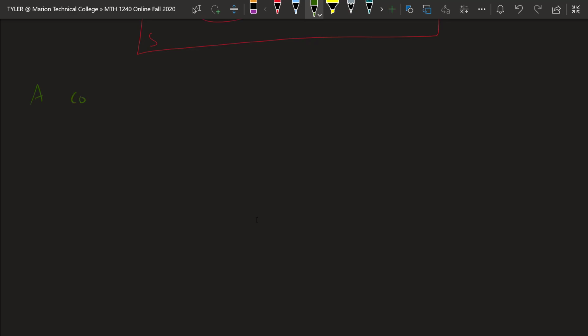A complement of a set is the set of all elements that are not in that set.